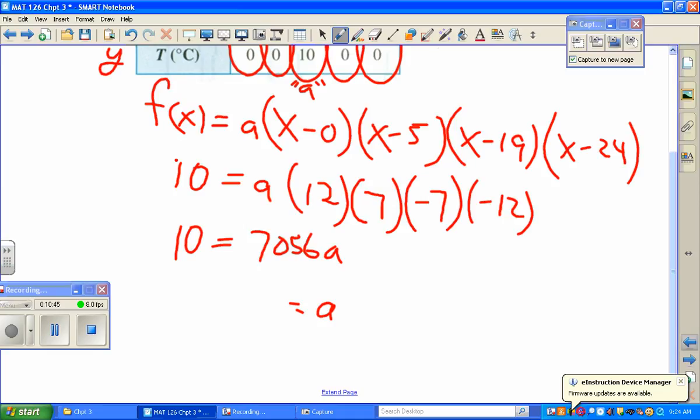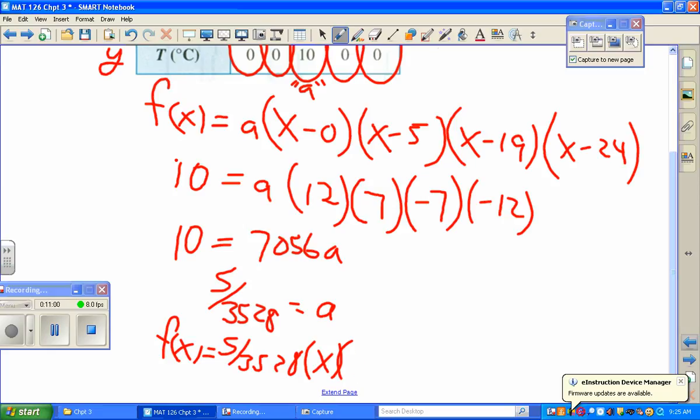Equals 5 over 3528. And there's your equation. F of x equals 5 over 3528 times x times x minus 5, and so on. Some people multiply this out, some don't. There we go. Fantastic. That is a very good problem. I like that. Rather enjoyed it.